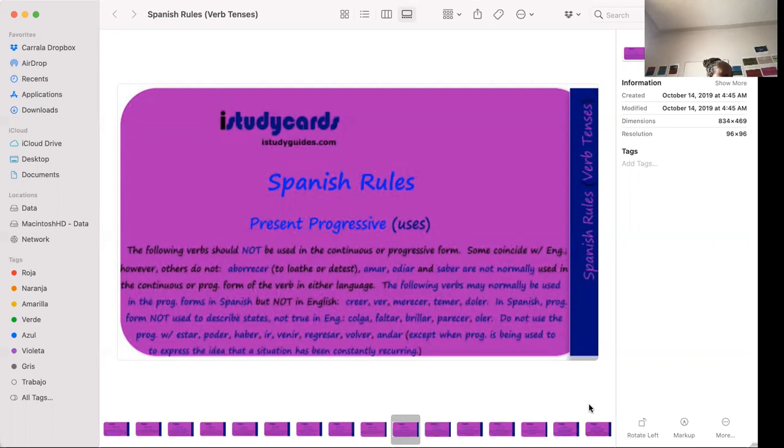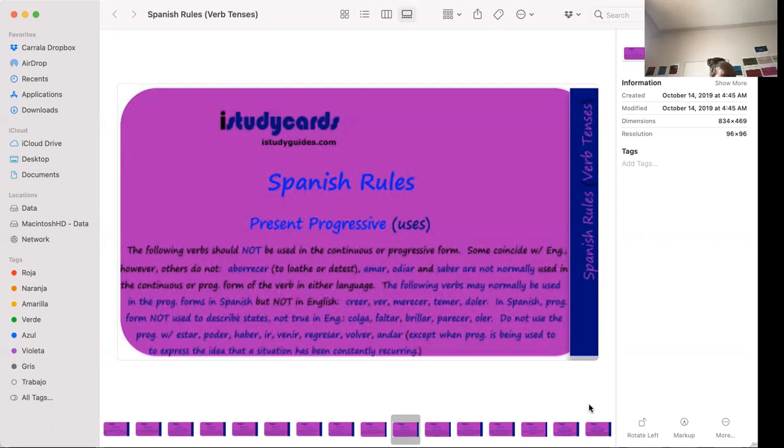So we're talking about the verbs creer, ver, merecer, temer, doler. So that's to believe, to see, to deserve, to fear, or I guess it would be like to hurt, to be in pain.